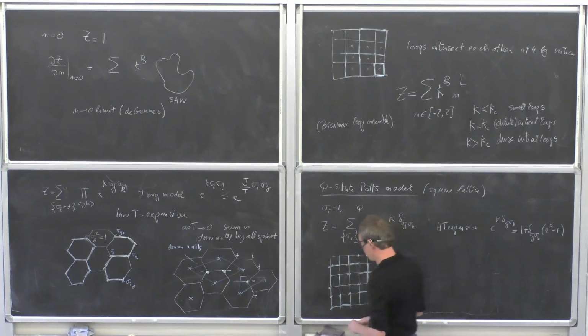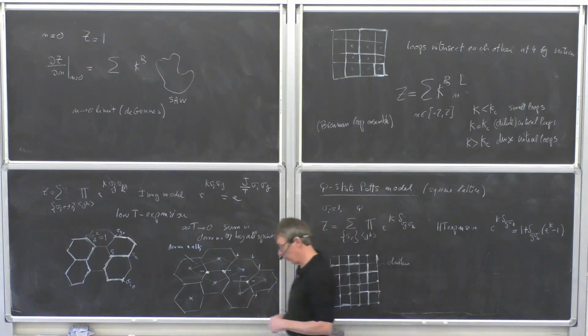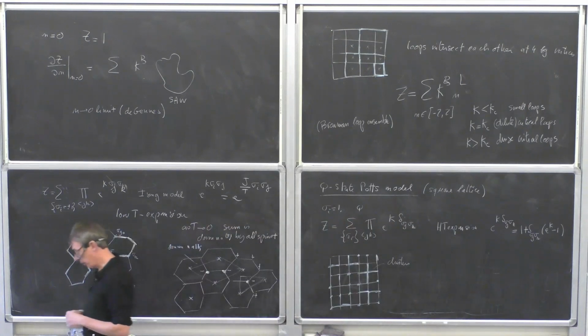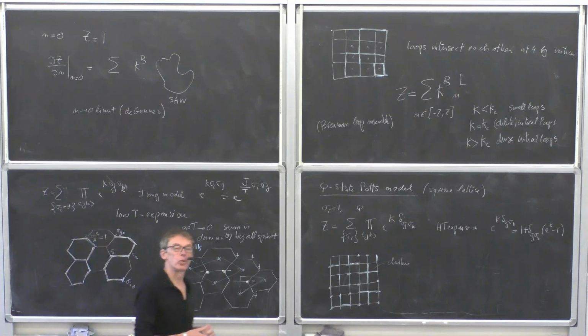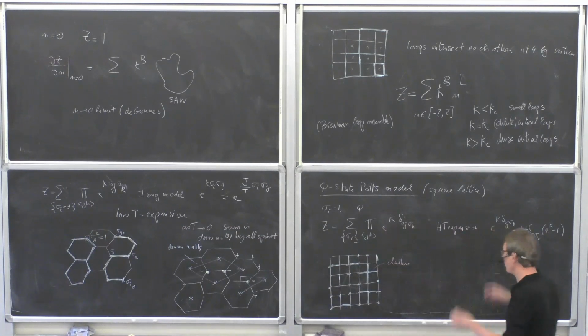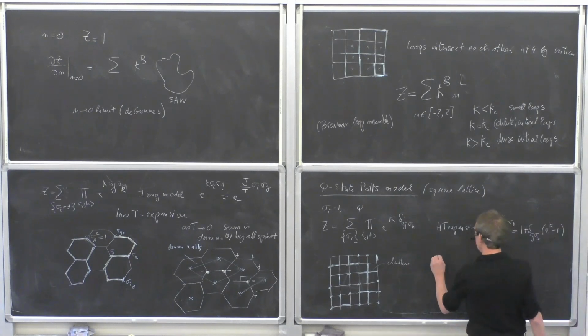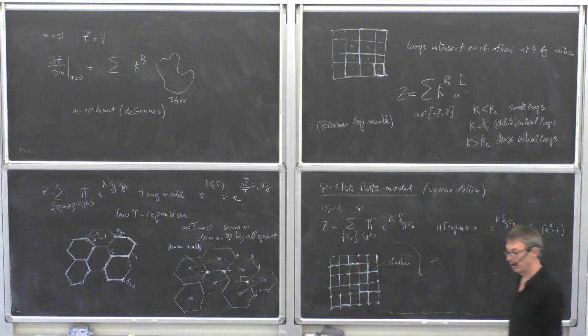No loops. Instead, we're having an expansion in terms of clusters. And of course, in general, there will be various kinds of interesting objects that we could draw. Luckily, in 2 dimensions, they kind of all dual to each other, but in higher dimension, it would be much more complicated.